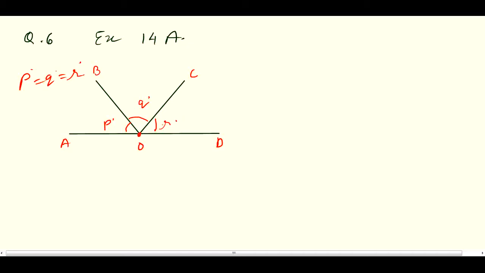Again you are having three angles, AOB, BOC, COD. It's very easy, and in almost all questions of this type, you have to apply the same concept. So AOD is a straight line, and you are having a straight angle at O.